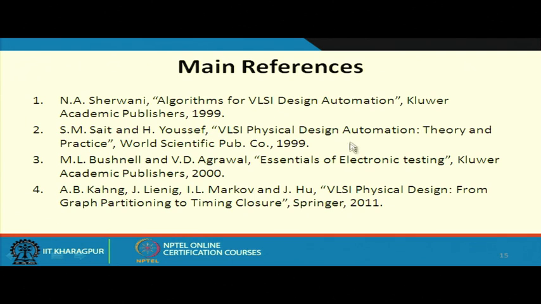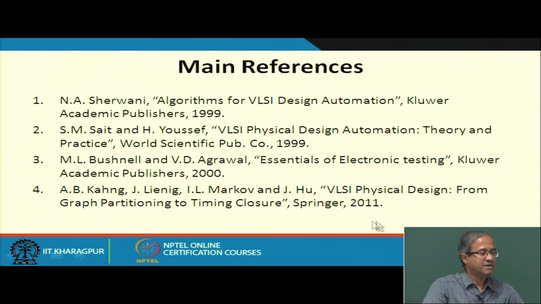Here I mentioned some of the main references. For VLSI design automation, we used references 1 and 2 and also reference 4, and for testing mainly we used reference 3. But of course, nowadays there are so many other references available on the internet.